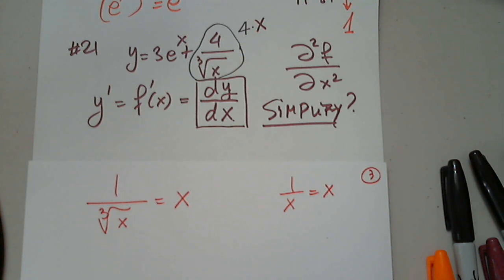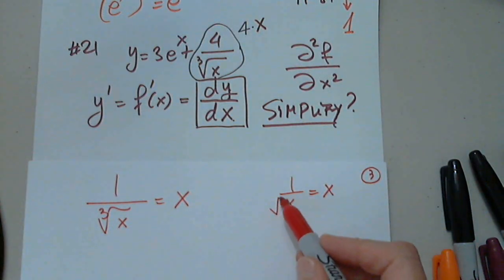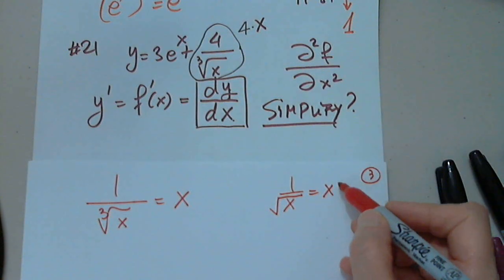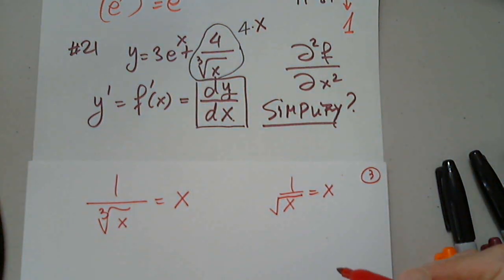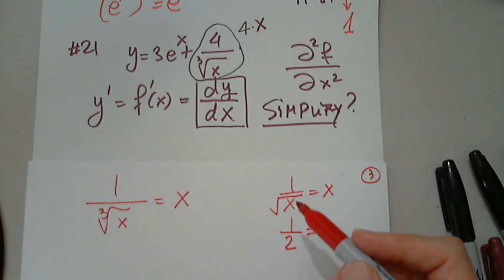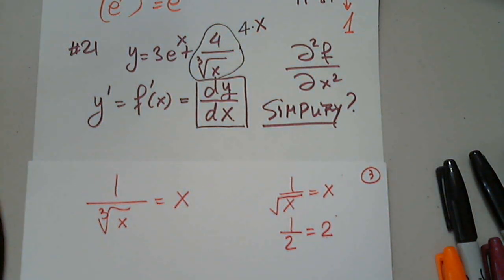Isn't 1 over x equal to x to the 1/2 power? But that will be the square root. If I have 1 over the square root, then it's x to which power? So what I'm asking is, is 1/2 the same thing with 2? We wish. So 1/2 cannot be written as 2, but 2 to which power?